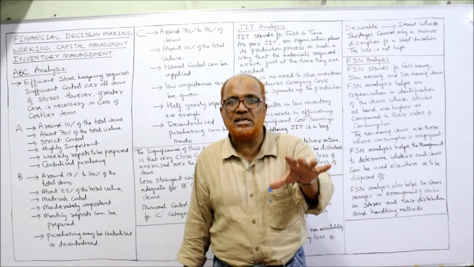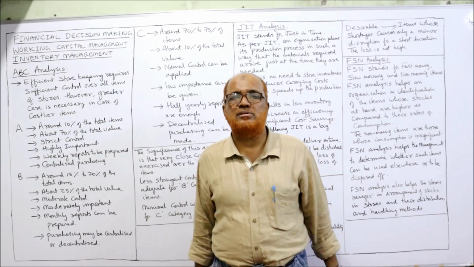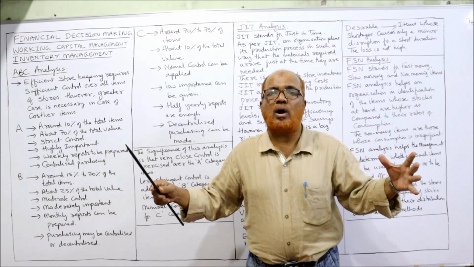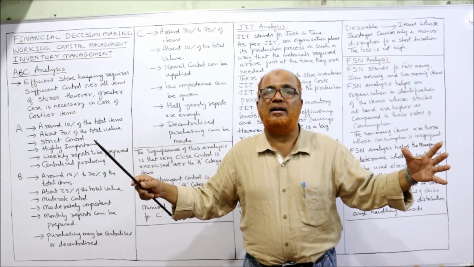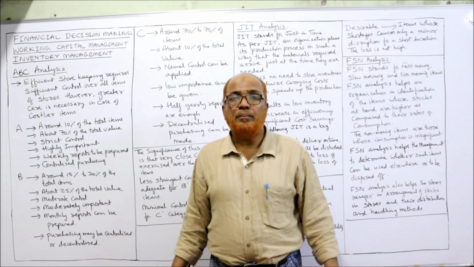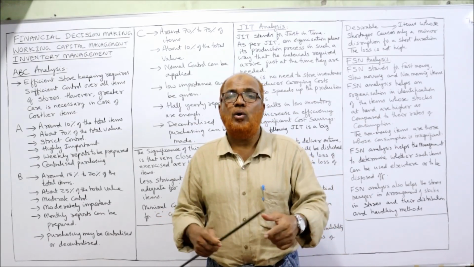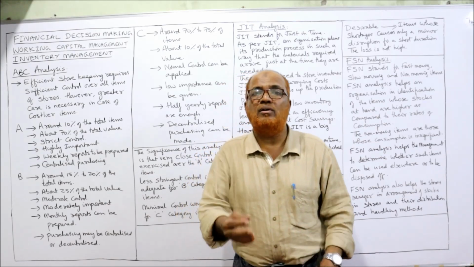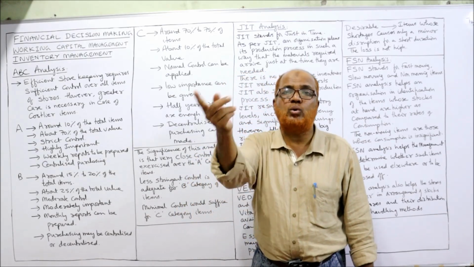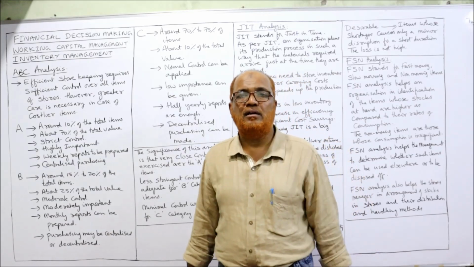And the third class, the remaining items, are the large, bulk quantity of items whose value is very less. That means 70% or 60% of items are there, but compared with value, the value is only 5% of the total value of inventory. This we classify as C category.